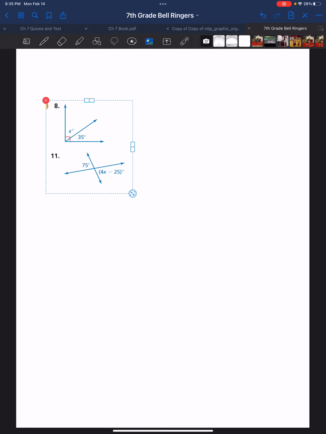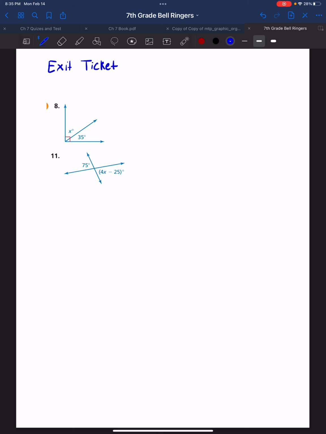And I will paste this right here. All right, so here is your exit ticket. Exit ticket 7.1 and your name. So remember, I want you to tell me if they're adjacent or vertical first. Then I want you to solve for x and find the angle measure, okay?